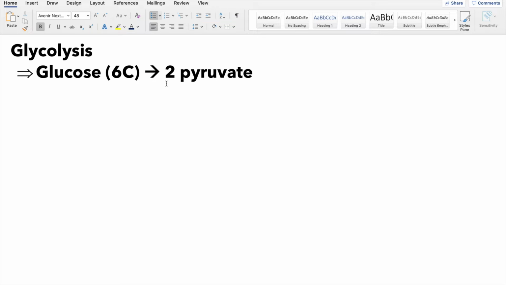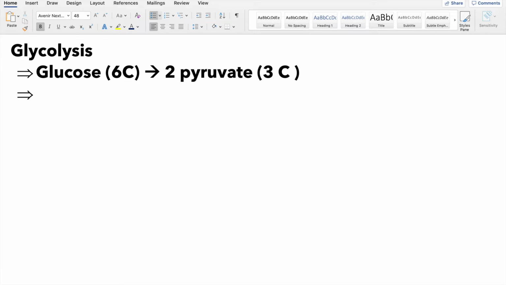Glucose is actually a hexose sugar, which just means that it's a 6-carbon sugar. Sugars, the ones that we eat. I really like glucose. I'm sure many of you do. But glucose is broken down into two pyruvate molecules. And a pyruvate is a 3-carbon molecule, which you will learn a lot about in future videos, and I'm sure you've heard about. But for now, we will just leave it at that.